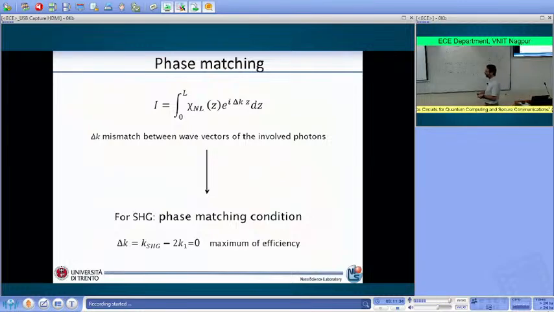This is written for second harmonic generation: the phase matching between the momentum of the generated photon minus the momentum of the pump should be equal to 0. So in this equation, what I need to fulfill is that the sum of the momentum of the signal and the idler minus the sum of the momentum of the two pump photons should be equal to 0. So this is called the phase mismatch condition. Why do I need to fulfill this condition?